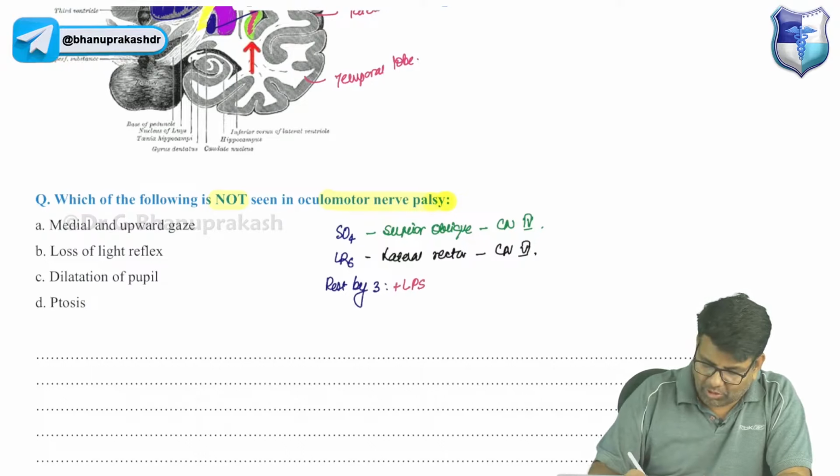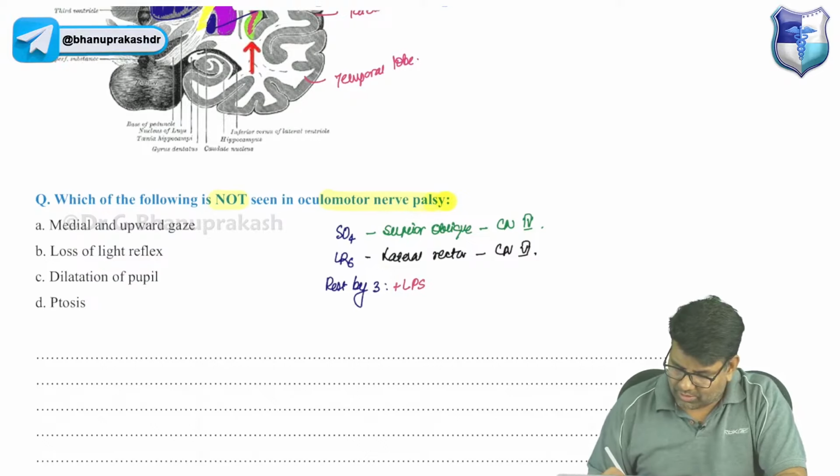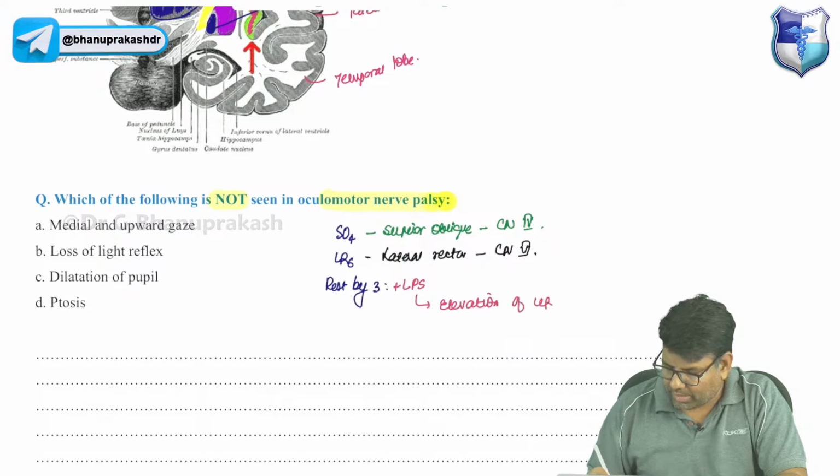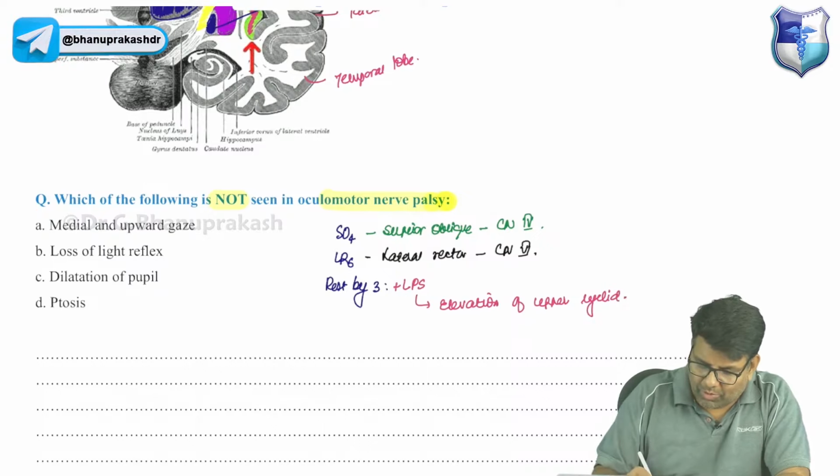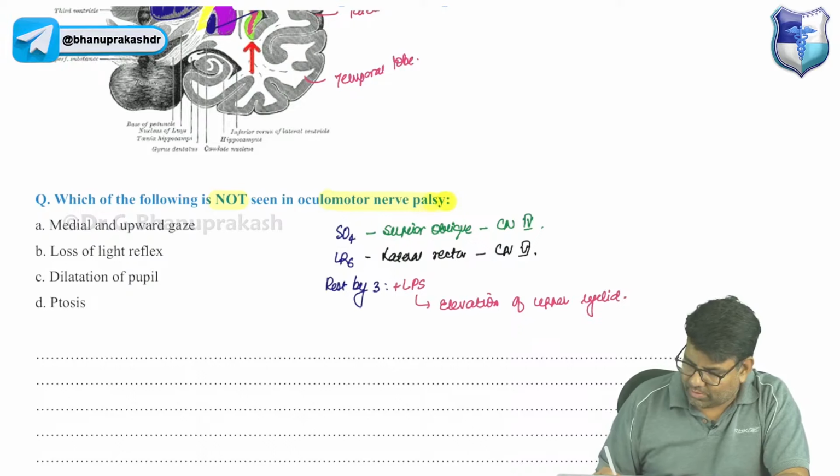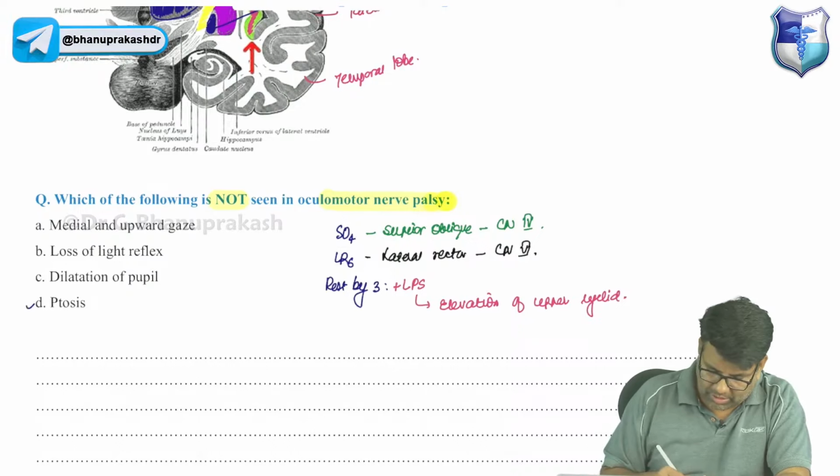Now let us discuss the options. Levator palpebrae superioris is for elevation of the upper eyelid. So if levator palpebrae superioris is gone, there will be ptosis. So this is correct.